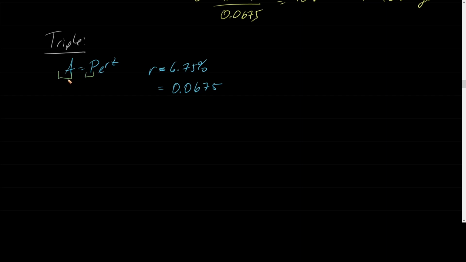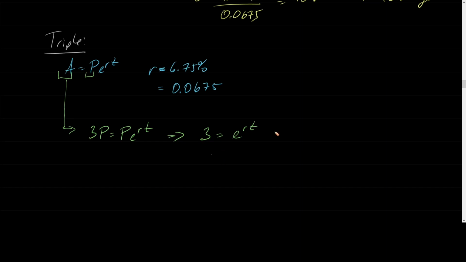So the amount that we want to end up with is 3 times the principal, because remember, P, the principal, is what we start with. Dividing both sides by P, I really have 3 is equal to e to the rt.